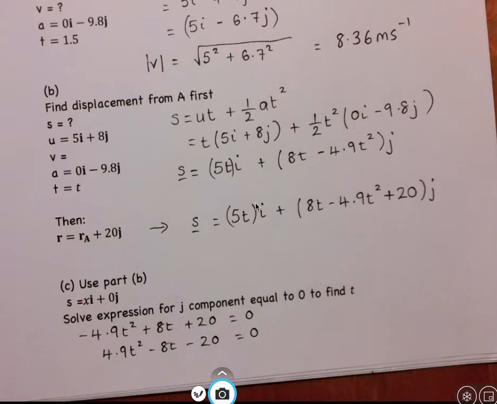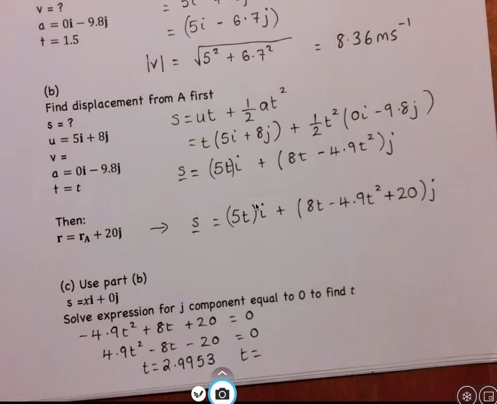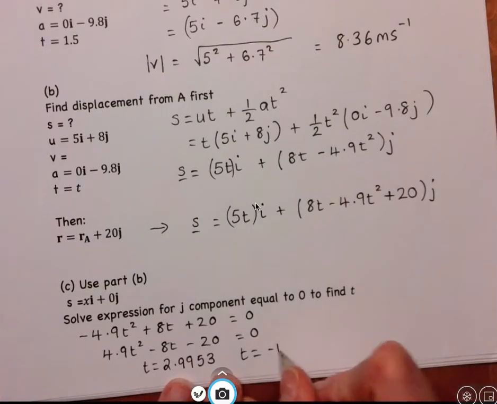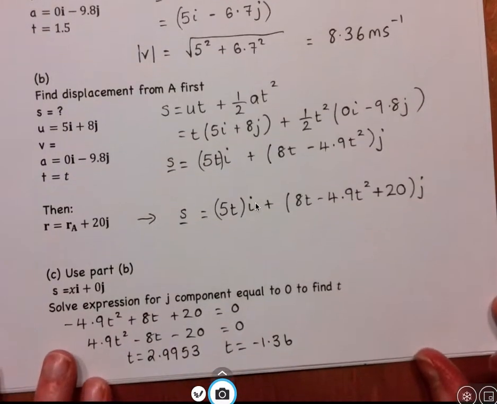So we should get from that t equals 2.9953, and the other value you would get will be a negative, which you should just write for completeness, is minus 1.36, which obviously doesn't make any sense in this question.